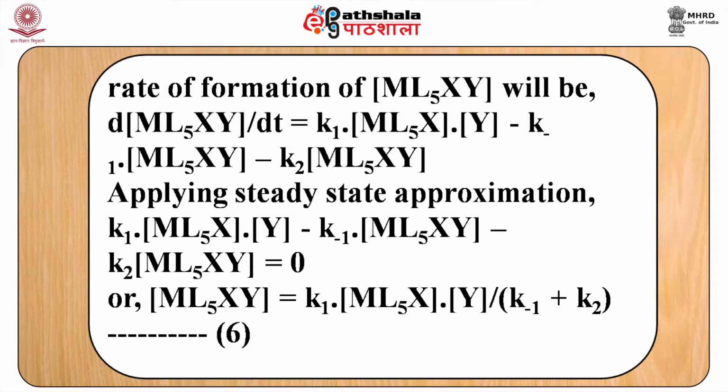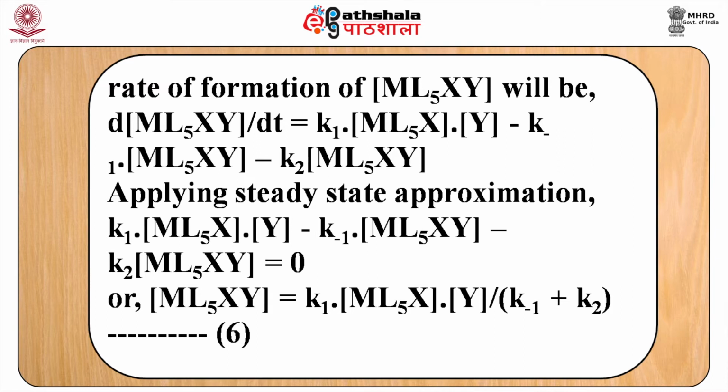Since ML5XY is forming in step 1 and disappearing in step 2, the rate of formation of ML5XY will be d[ML5XY]/dt is equal to K1 into the concentration of ML5X into the concentration of Y minus K minus 1 into the concentration of ML5XY minus K2 into the concentration of ML5XY.